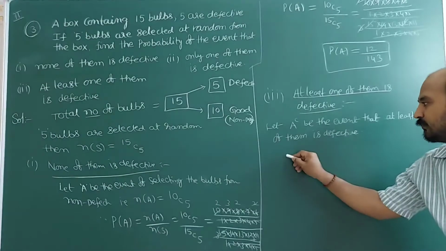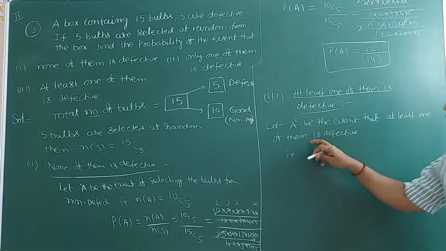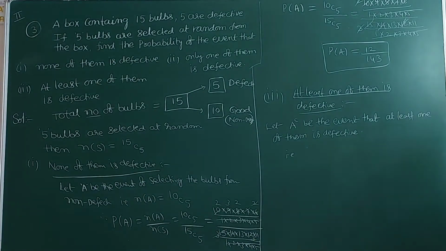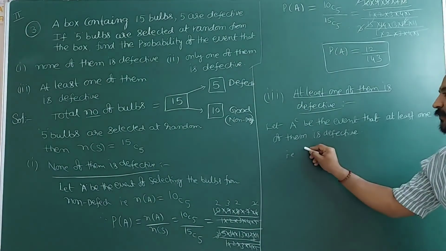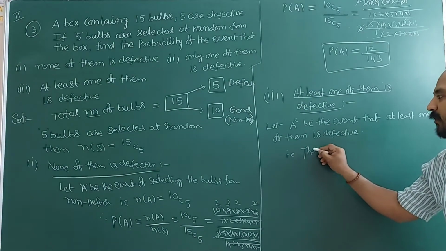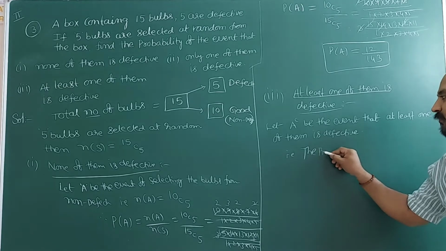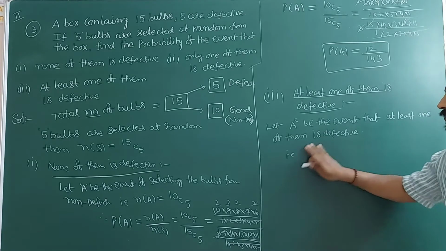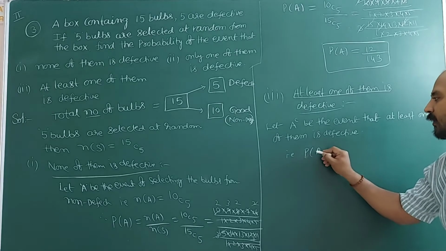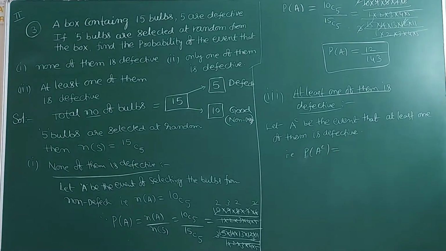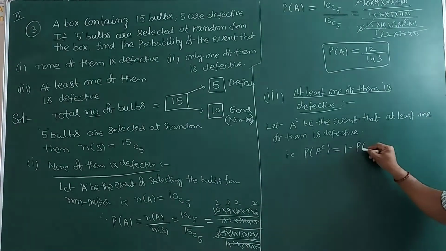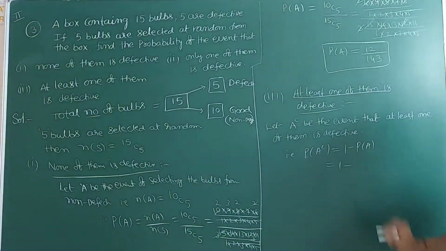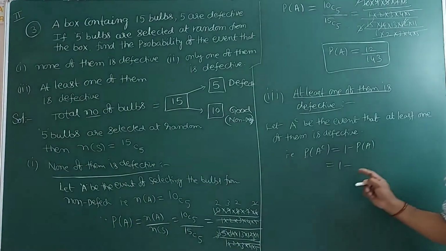At least one of them is defective is equal to 1 minus none of them is defective. So by using the complementary property, P of A complement is 1 minus P of A. What is P of A?